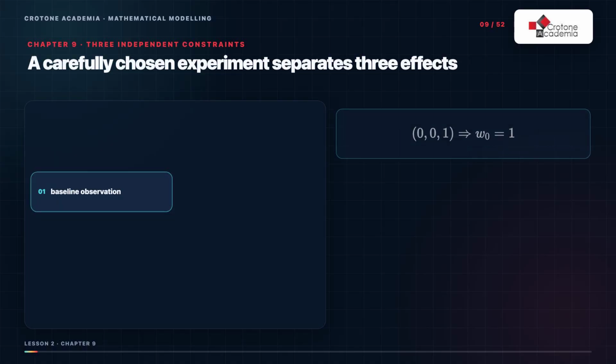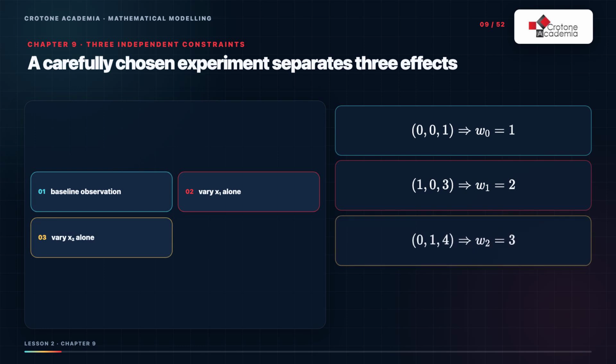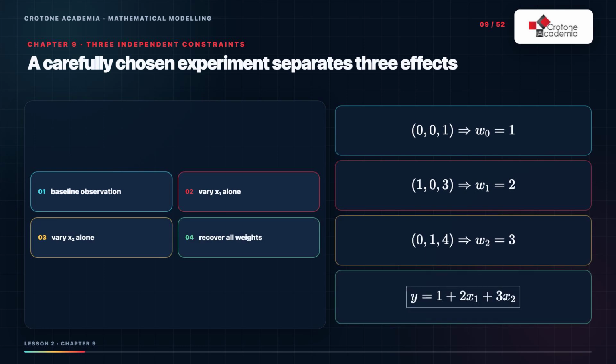Suppose the exact relationship is hidden inside three observations. At x1 equals 0 and x2 equals 0, y equals 1. That isolates the intercept, w0 equals 1. Next, set x1 to 1 while x2 remains 0, and observe y equals 3. The change isolates w1, giving 2.